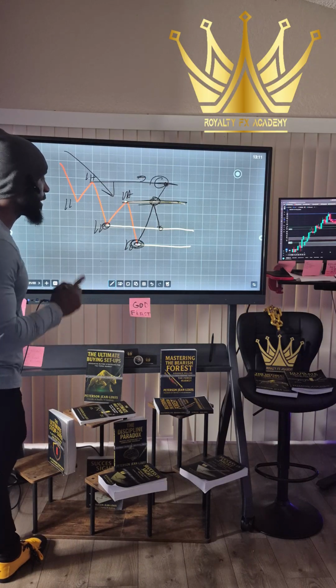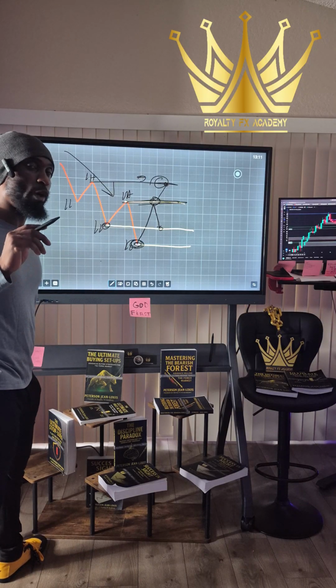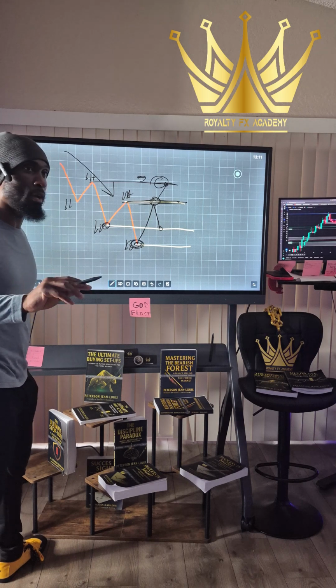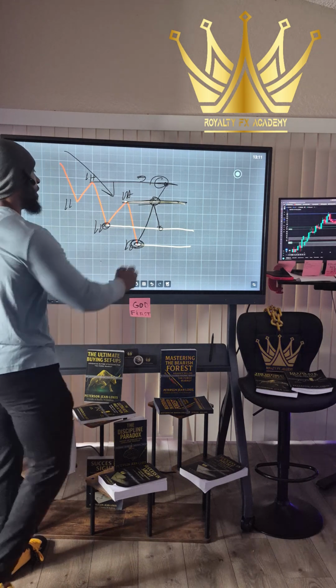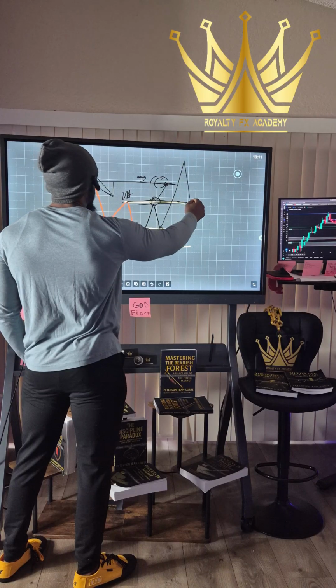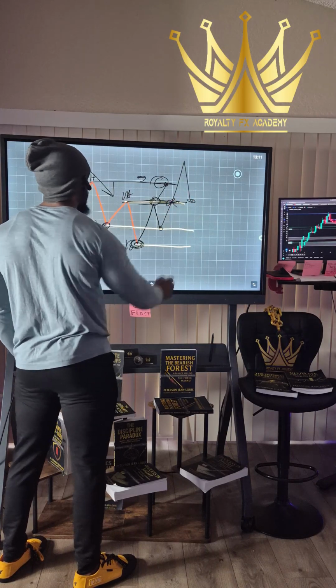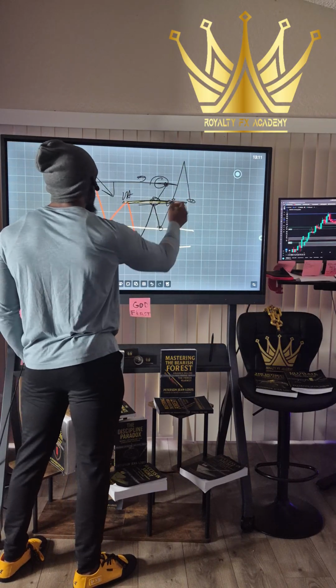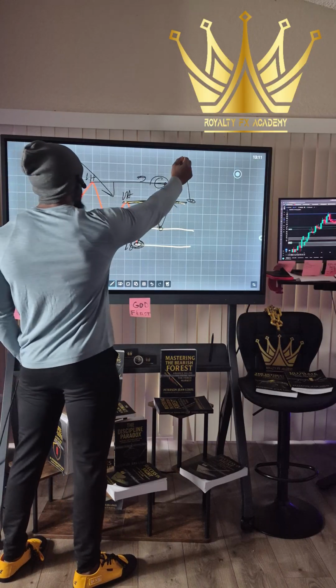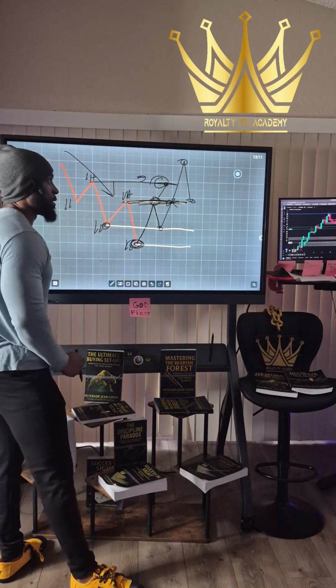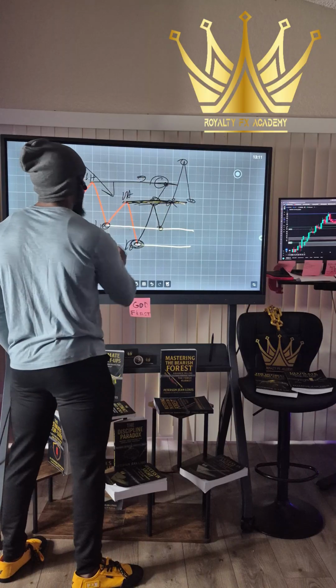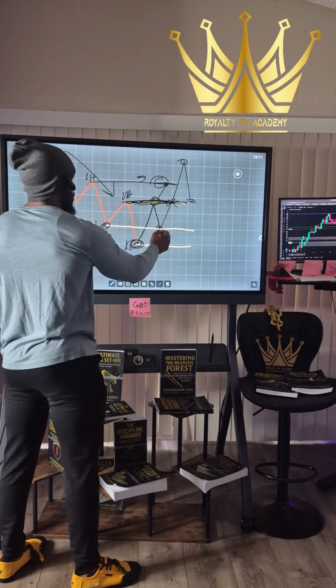Now, the setup is not 100% complete as far as trend reversal until the neckline gets retested. It has to be broken. The neckline has to be broken to retest, because at this point we now have a higher high. Make sense? Now we have higher lows, so we will take this right here.